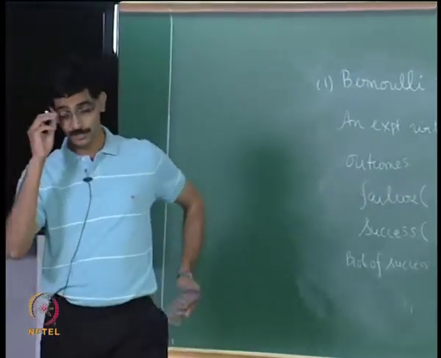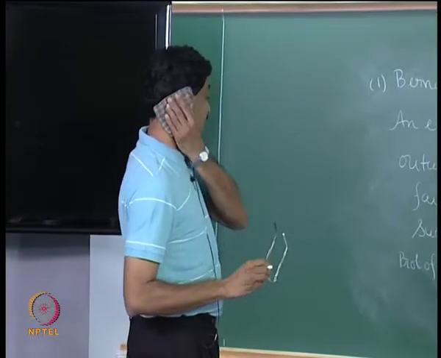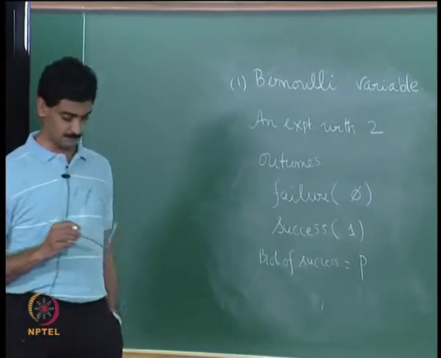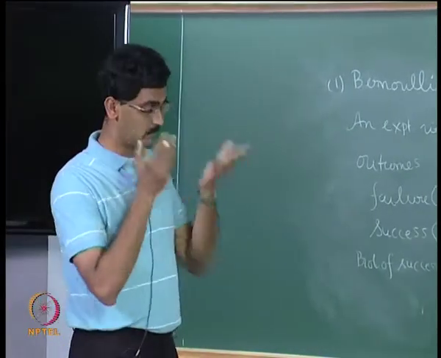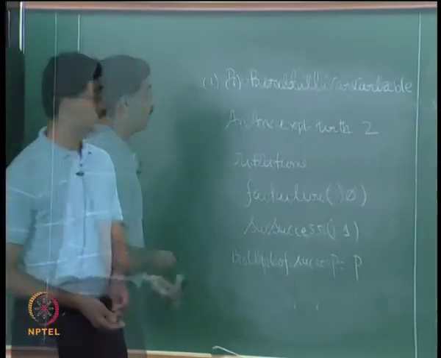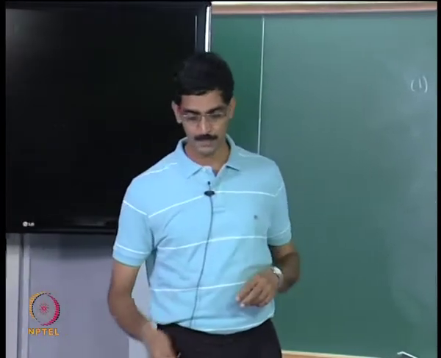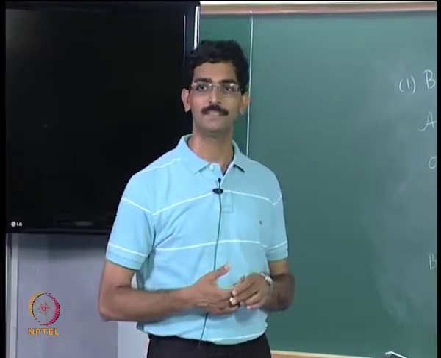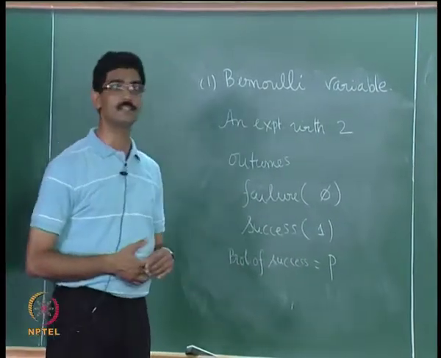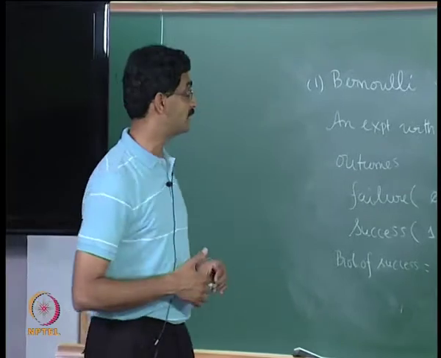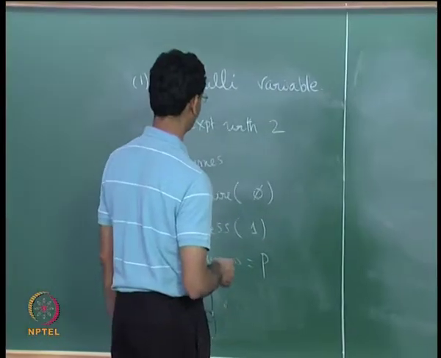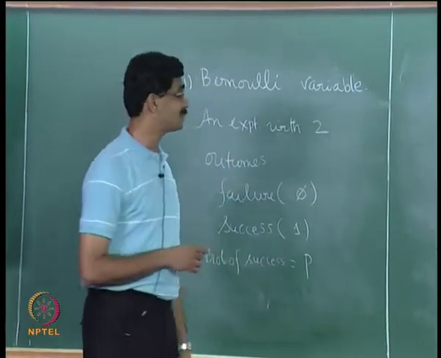So this is not your fair coin toss, this is simply some probability of an experiment succeeding or not succeeding. When you send a packet on the network, the packet either gets delivered or it gets dropped. If you just look at delivery versus dropping, then the probability of successful delivery is p, and dropping is 1 minus p.